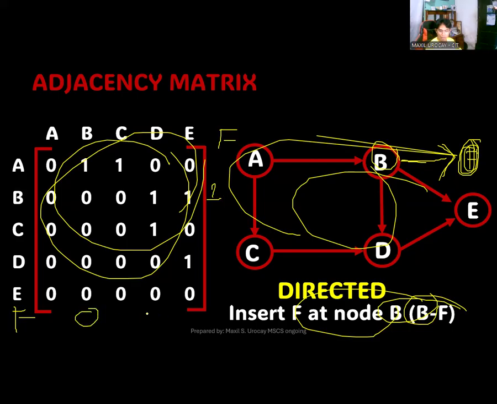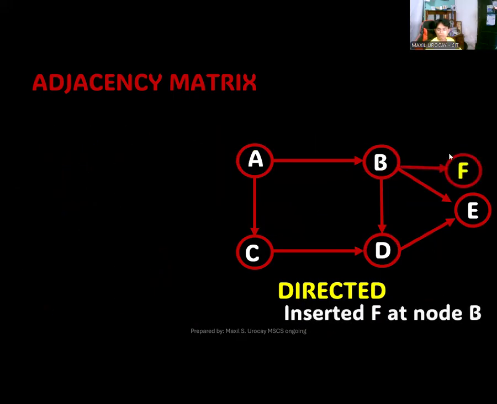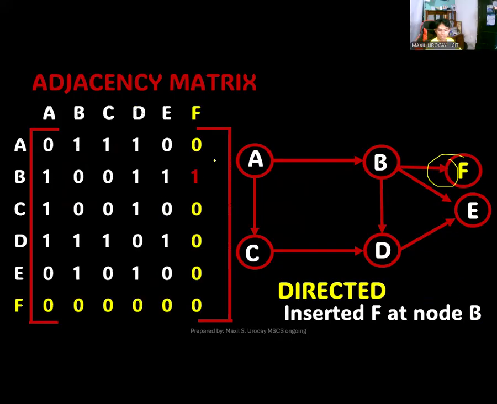You will not update F to B since they don't have any relationship there; it does not go vice versa in a directed graph. Suppose that we already inserted node F at node B, and you just update the B to F direction as I mentioned. That's how you will do that.